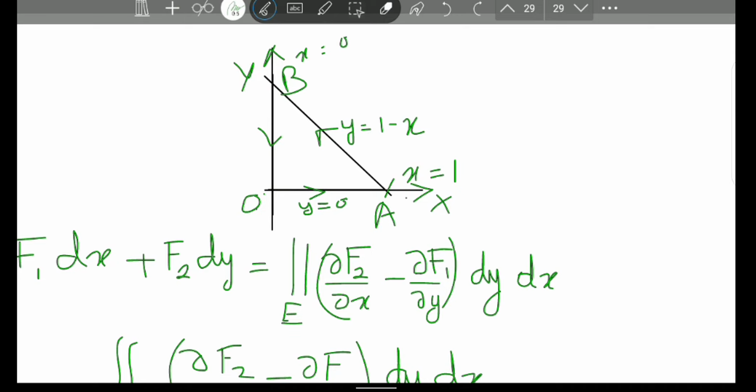So along BO, we have x equal to 0, and we need to change y from y equal to 1 to y equal to 0. Pretty simple case. Let's do it.